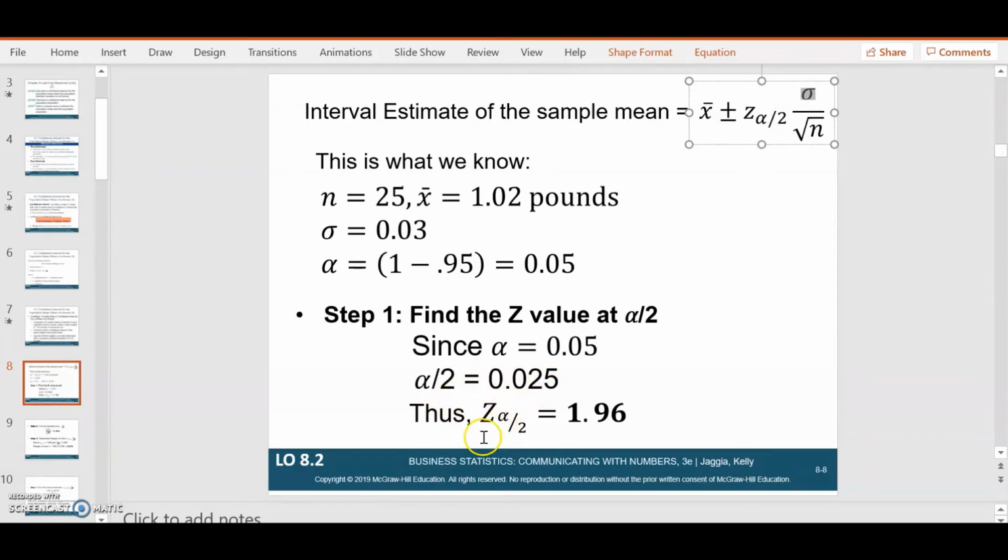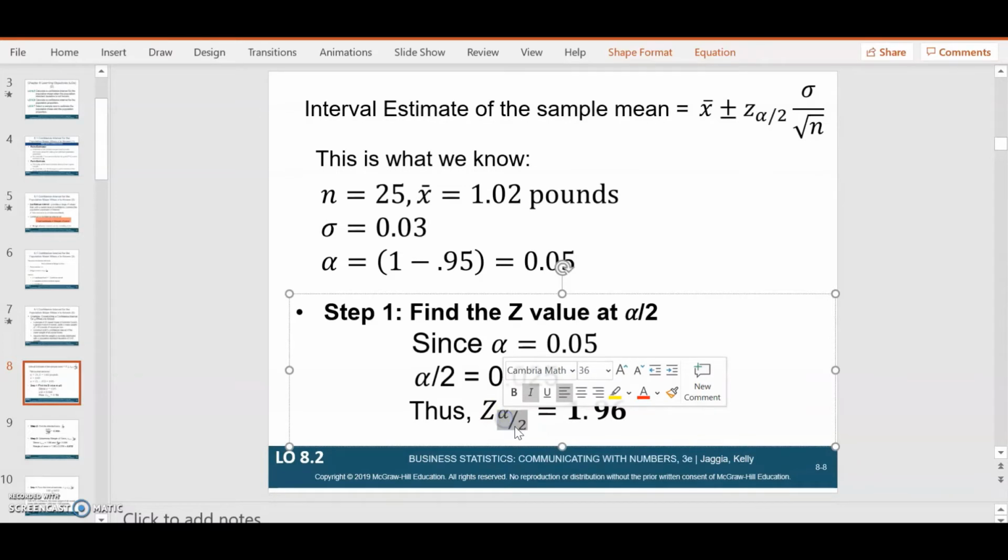Thus, z-value at 0.025, because 5% divided by 2 is equal to 0.025, is equal to 1.96. How do we know this? By looking into the t-distribution table.